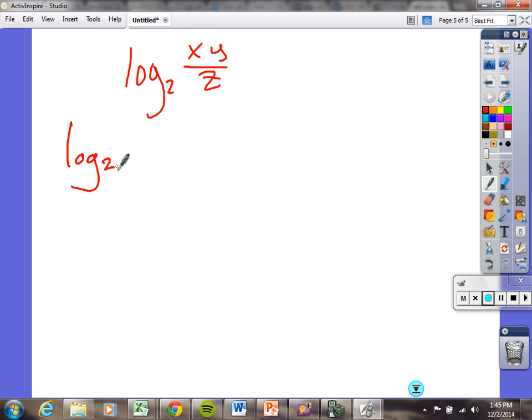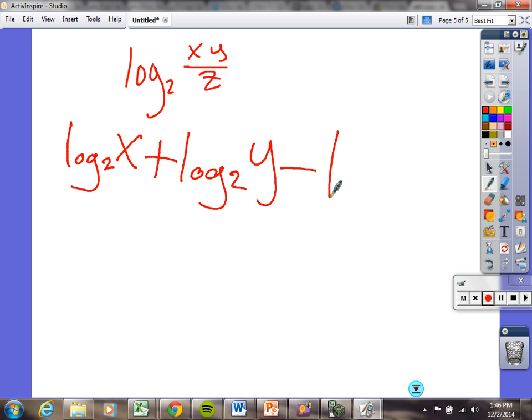So when you see multiplication, that becomes a positive, right? So log base 2 of x plus log base 2 of y. And then that's this, but then the bottom, we've got to minus it, so it becomes minus log base 2 of z. Because remember, when we have division, we have to subtract.